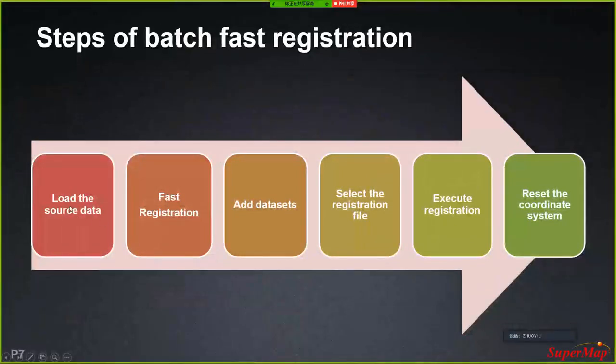These are the steps of the batch fast registration. First load the source data, and second, do the fast registration: we just add the data, select the registration file, execute the registration and reset the coordinate system.